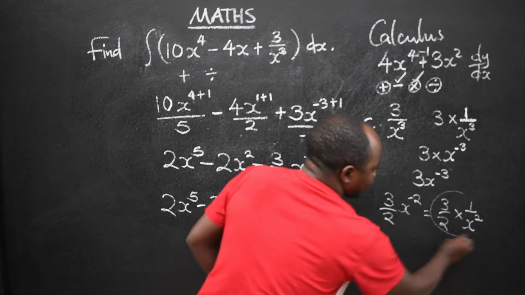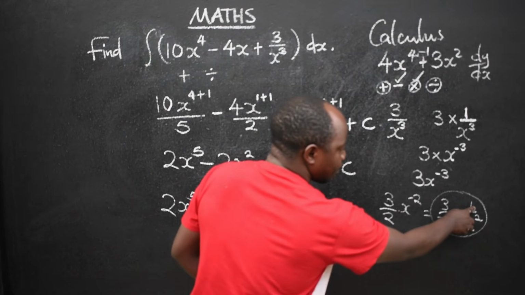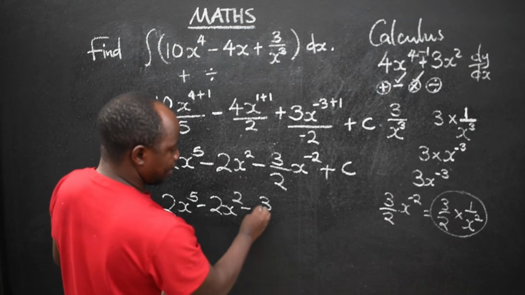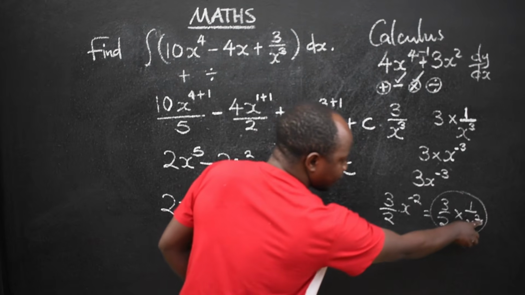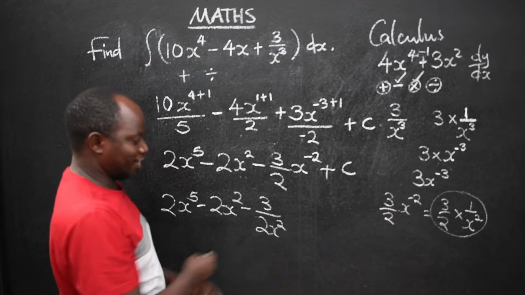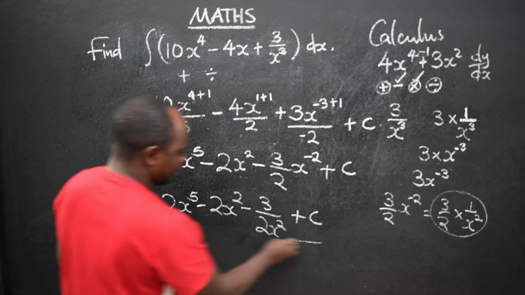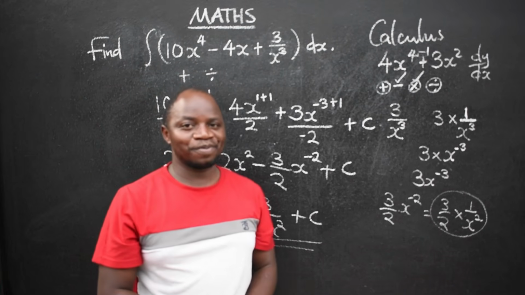Then I multiply what I have here, 3 times 1, it will be 3. So I have minus 3 over 2 times x squared, it will be 2x squared. You have changed from negative to positive. Plus C. This now is your final answer. I hope this is clear.